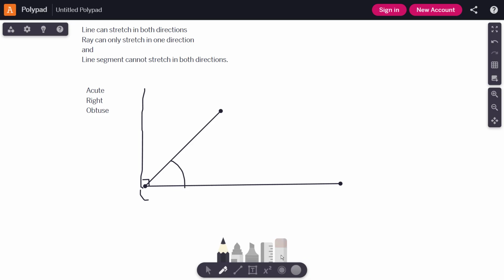I will explain it later. Why is it smaller than a right angle? Cause look, the right angle is this much bigger than the angle we have here. So the acute angle is absolutely smaller than the right angle, which is 90 degrees.